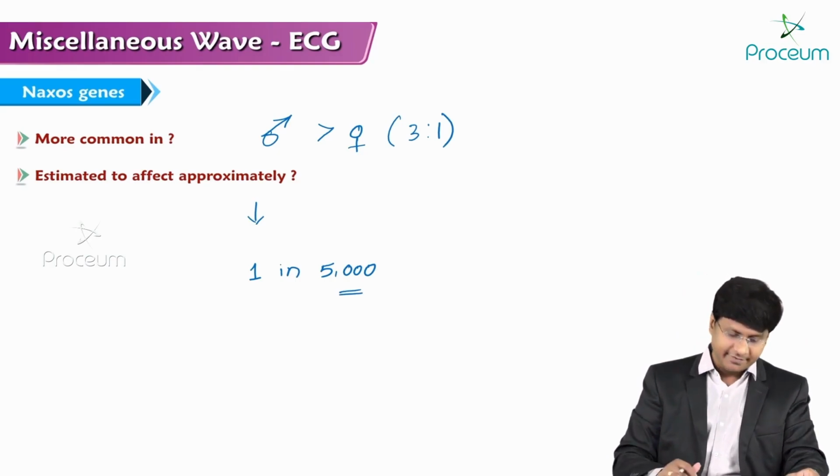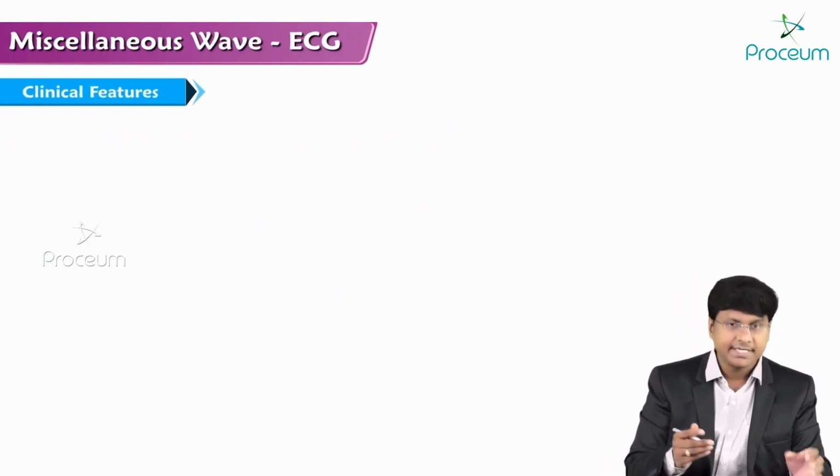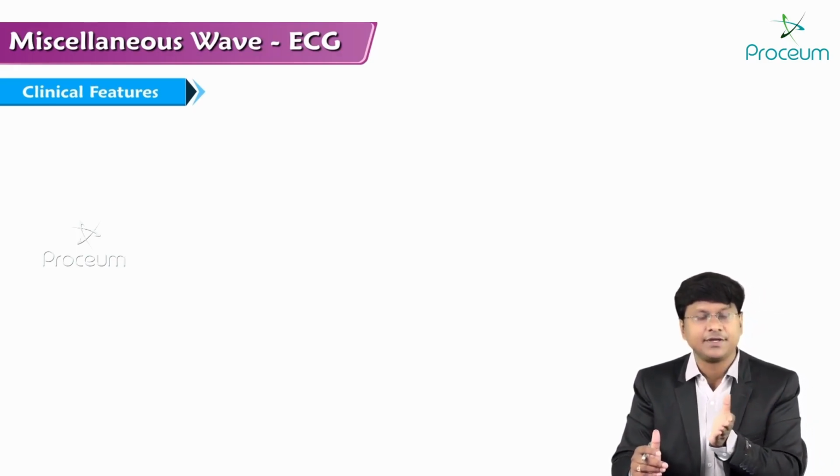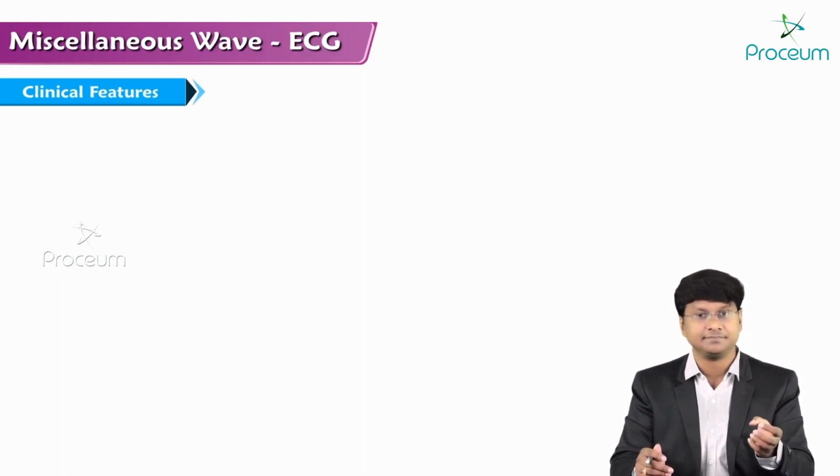Now, what will be the clinical features in patients with arrhythmogenic right ventricular dysplasia? See, the right ventricular myocardium has been replaced by fat. That fatty myocardium in the right ventricle will act as the origin of abnormal impulses.